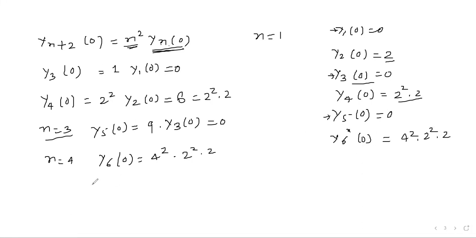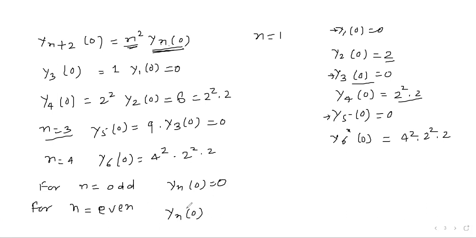So we can generalize it that for n equal to odd, yn0 is 0, and for n equal to even, yn0, we have got like 2, then 2 square, 2, then 4 square, 2 square, 2, etc. So we can write it like 2 into 2 square, 4 square.